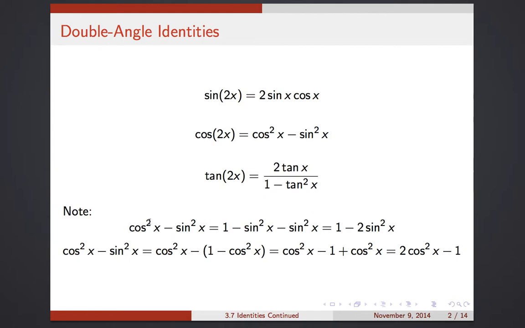Equivalently, I replaced a cosine squared with a 1 minus sine squared. But since cosine squared plus sine squared is 1, you could also write sine squared as 1 minus cosine squared. And that's all that happens in the second line down here. I replace a sine squared with a 1 minus cosine squared, and I end up with cosine squared minus 1 plus a cosine squared.